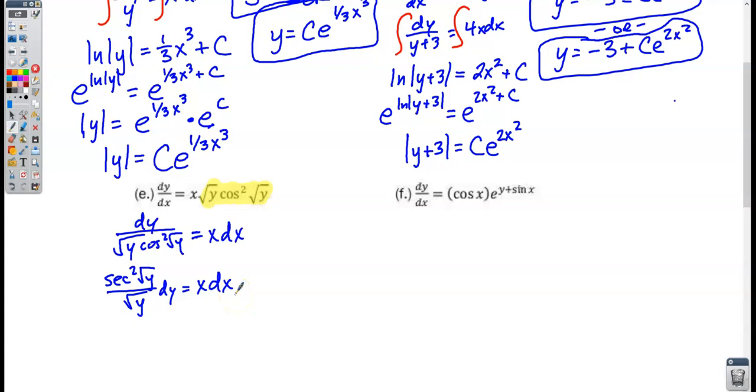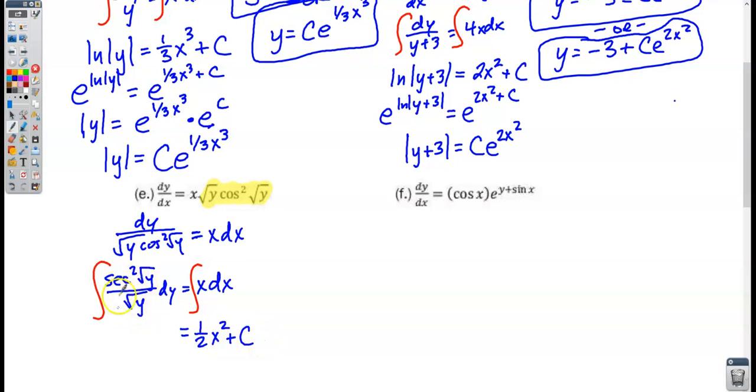Okay. Now from here, it's time to integrate. Integrating the right-hand side will not be any kind of problem. The integral of that is just going to be 1/2 x squared plus a constant.